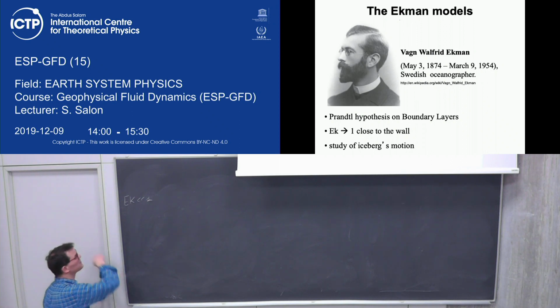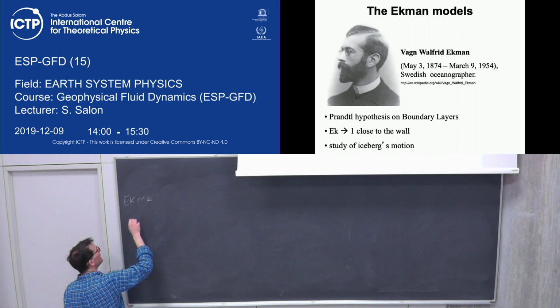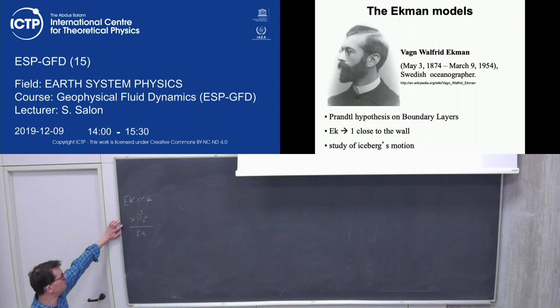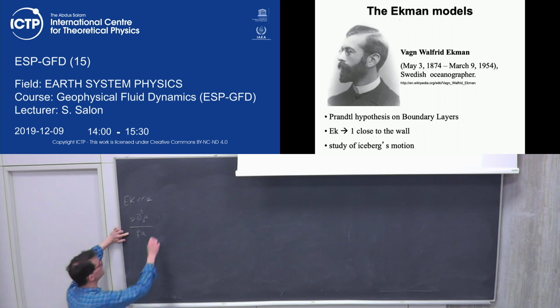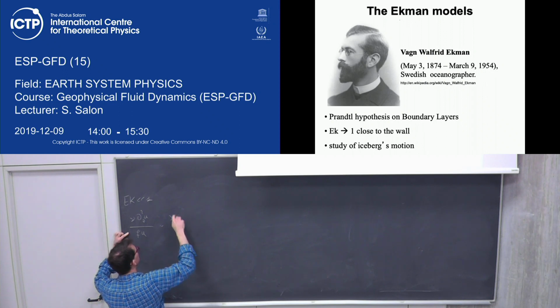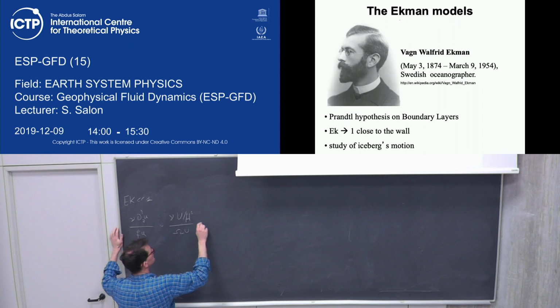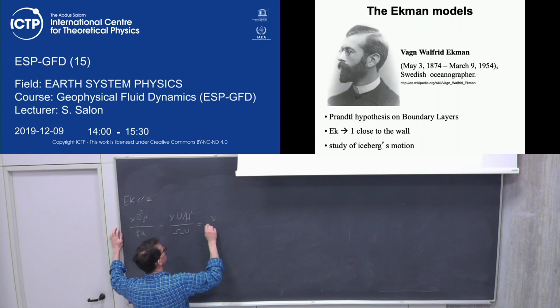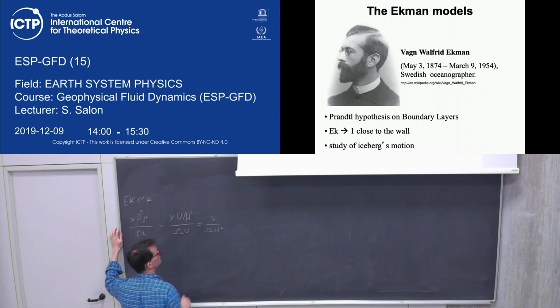The Ekman number was the ratio between the frictional terms, second derivative, and the Coriolis term, which scales like nu U over L squared h squared over omega U, which is equal to nu over omega h squared.